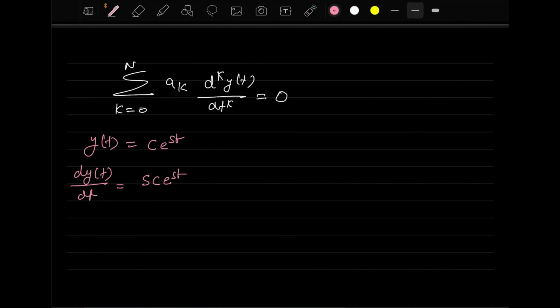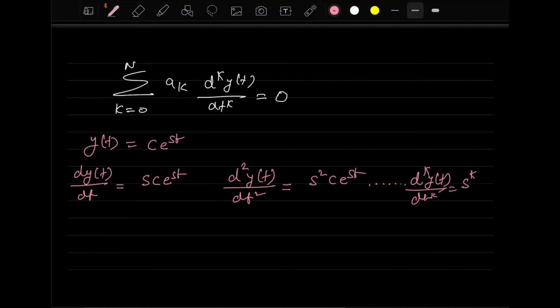If you take the double derivative, it will be s squared C e^(st). If you keep on going like this, the kth derivative will give you s^k C e^(st).